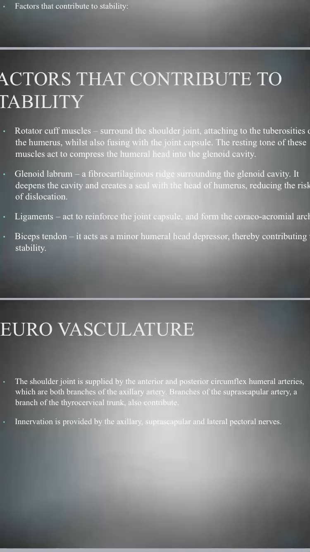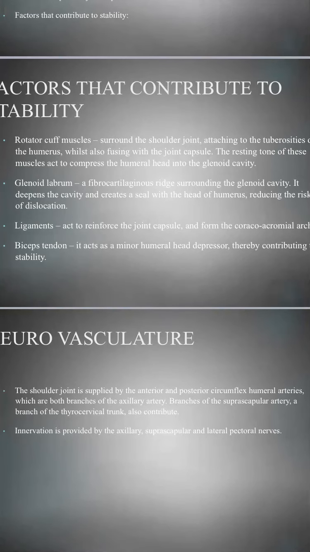Branch of the cervical trunk will also supply. So the most important arteries that are supplying the joint are the anterior and posterior circumflex humeral arteries. Those arteries are the branches.